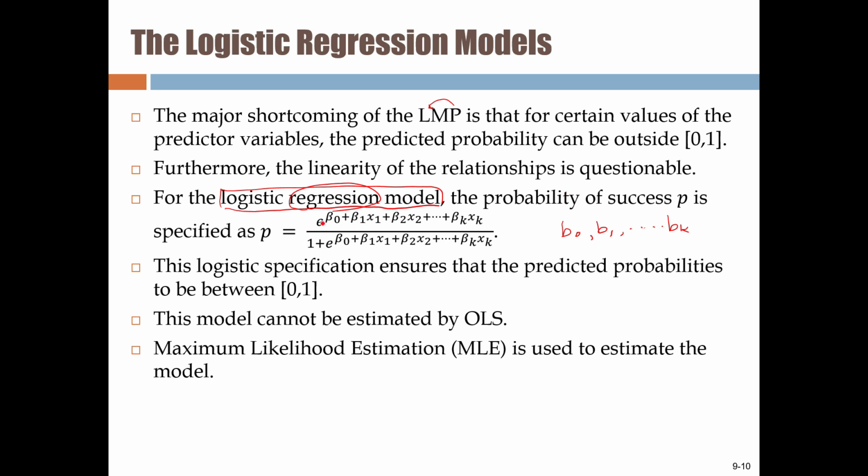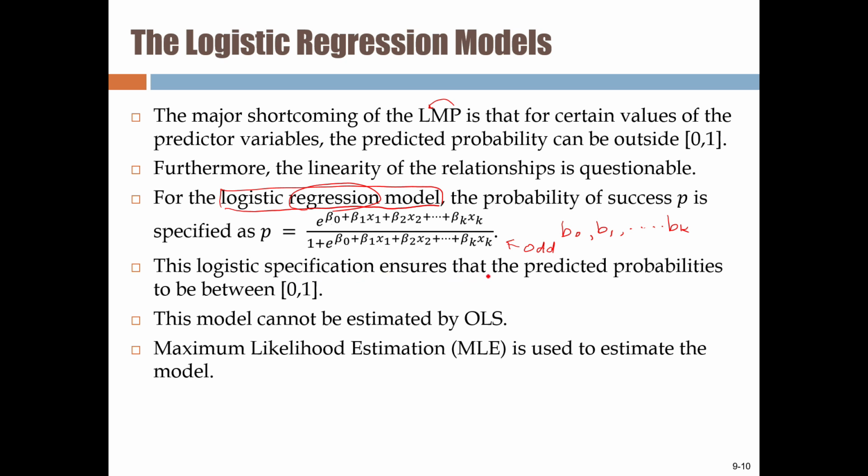This is the exponential, and the exponent is actually our regression formula. So P equals this exponential divided by 1 plus that same exponential. We will talk about it. This is actually not a probability, this is what we call the odds.